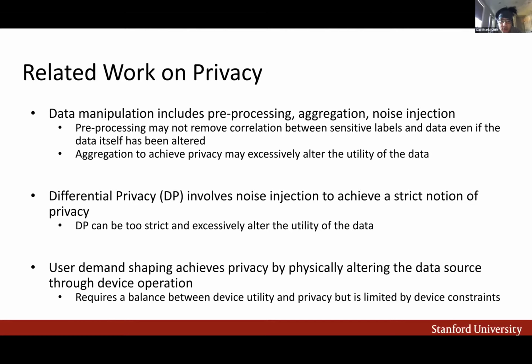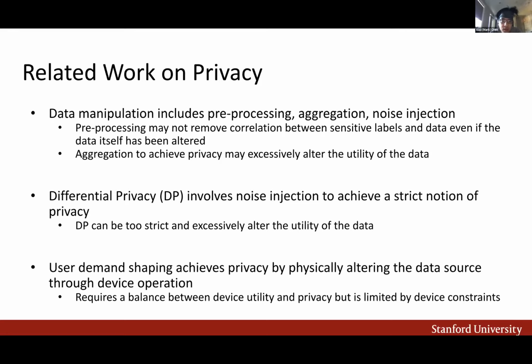On the other hand, differential privacy, which has already been discussed in a couple of previous talks, has shown very good potential. It involves noise injection to achieve a strict notion of privacy. But differential privacy usually cannot be too strict, and sometimes it can excessively alter the utility of the data.